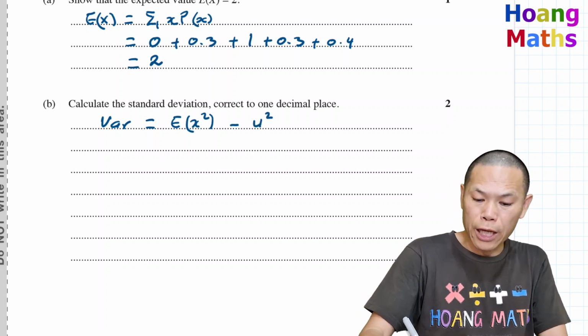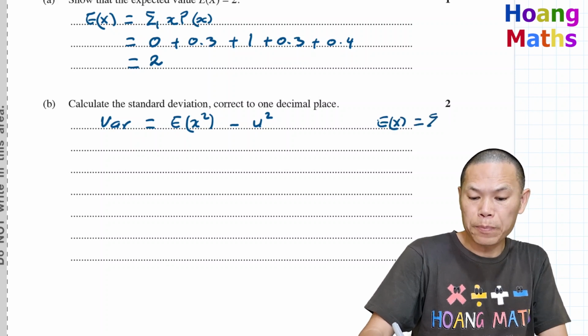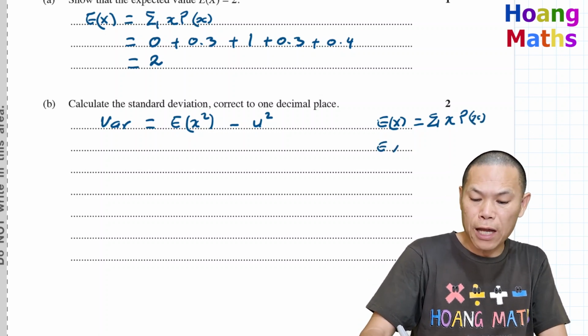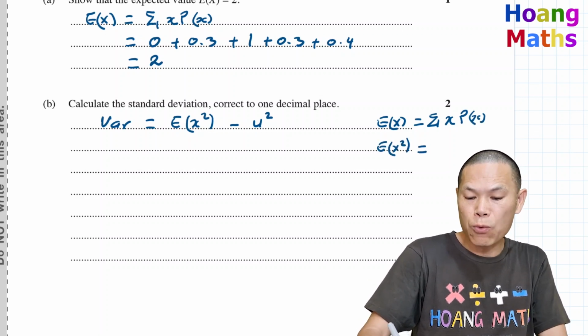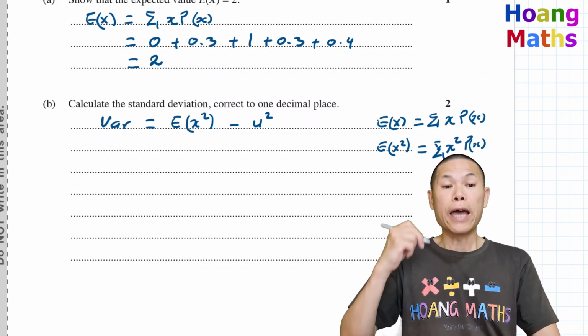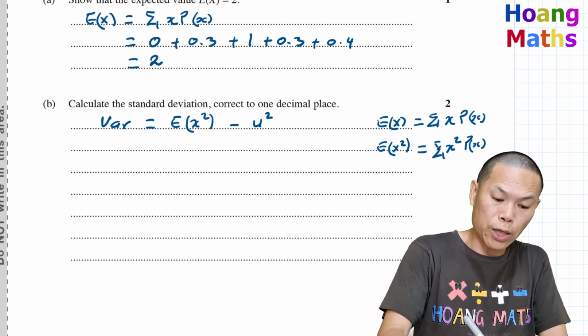And we know that the expected value of x is the sum of x times its probability. So therefore, the expected value of x squared is the sum of x squared times its probability. And we know that the mean, the expected value, is 2 here.